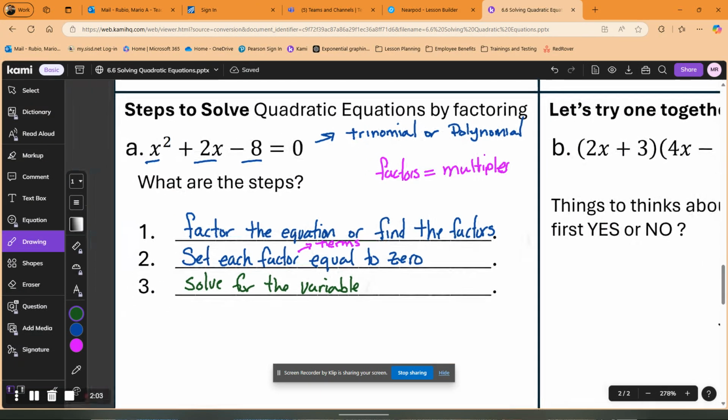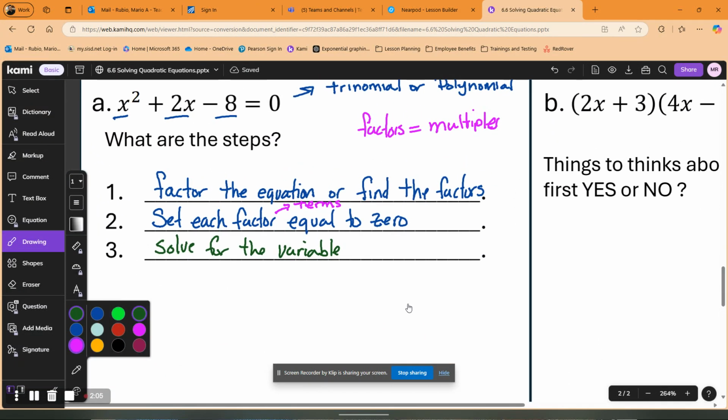Okay, so let's take a look at what does factoring actually mean. Well, when we covered special products or the FOIL method, remember we covered FOIL? It was the first, inner, outer, last, and it was a way that we saw how to multiply two binomials to give us a trinomial.